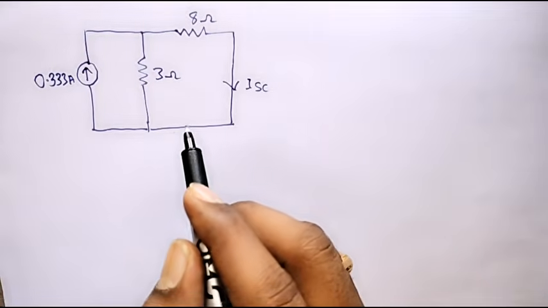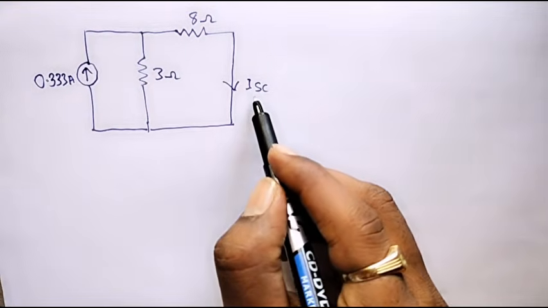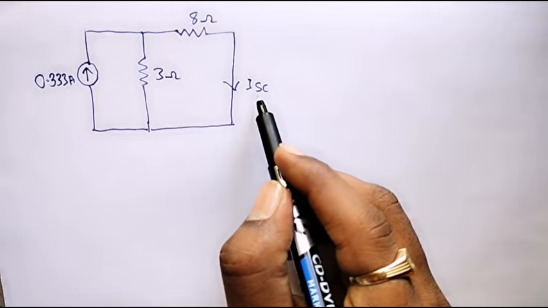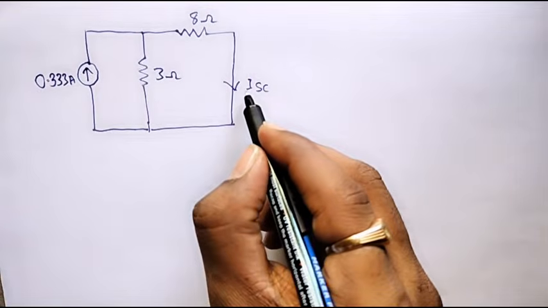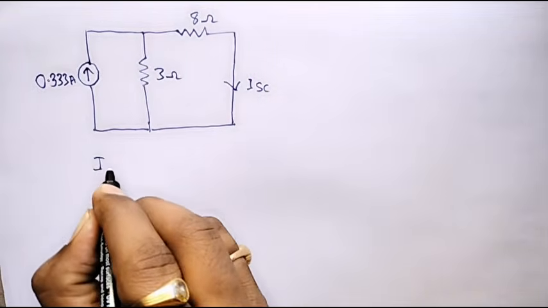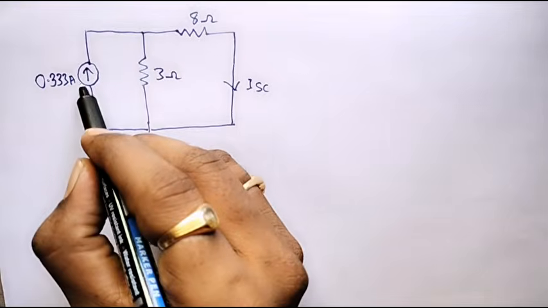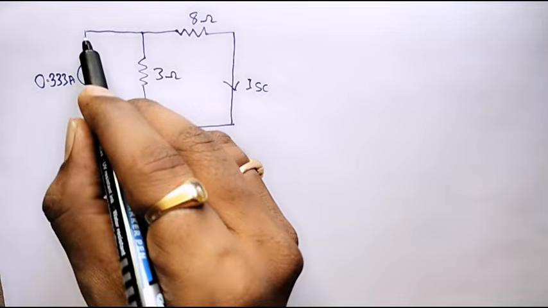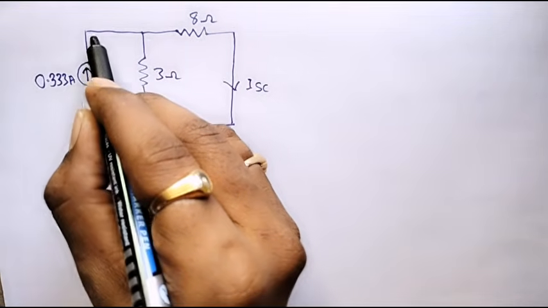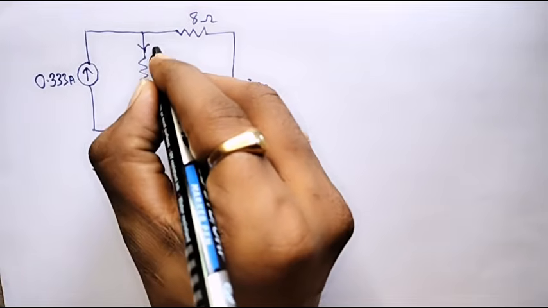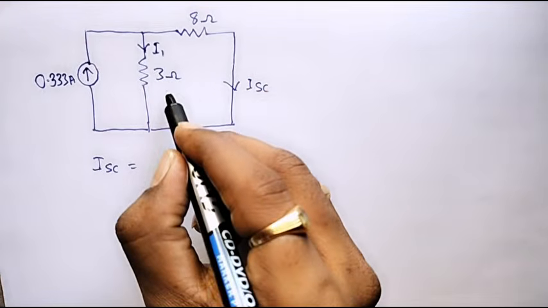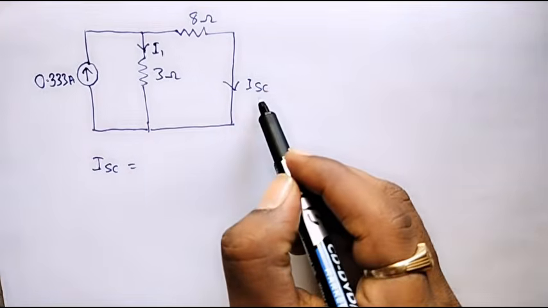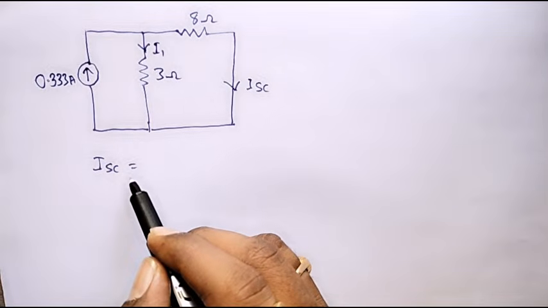Now we are supposed to find ISC. So now I can apply the current division rule. Therefore I can write ISC is equal to, as we know, this 0.333 amp current flows through this path, and part of the current will flow through the 3 ohm resistor and part of the current will flow through ISC. Let's find ISC by applying the current division rule.